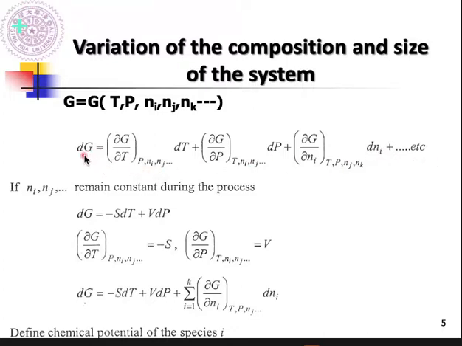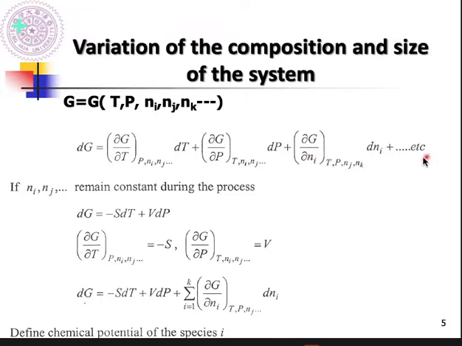So we can get this equation. dG, the change of Gibbs free energy, can be written as partial G partial T dT, and the rest of the parameters need to be fixed, so we get constant P, Ni, Nj, and so on. And plus what? Plus partial G partial P dP, where we change the pressure, then the rest of the parameters need to be fixed, so at constant T, Ni, Nj, and so on.